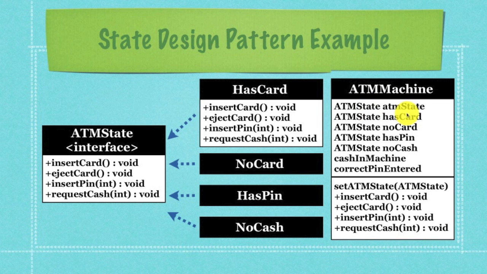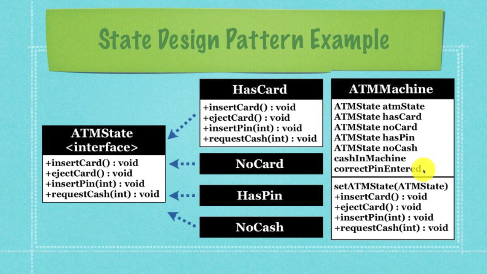Then over here, you're going to store the current state in ATM state, and then you're going to define all these different classes right here. And then you're just going to simply, based off the state of the ATM machine, change this value up here. Also, we're going to monitor inside of a field whether there is still cash inside of the machine, and also we're going to monitor using a boolean whether the correct PIN number was entered.